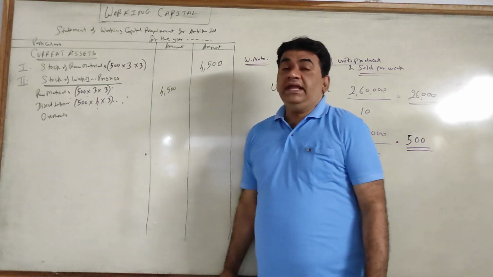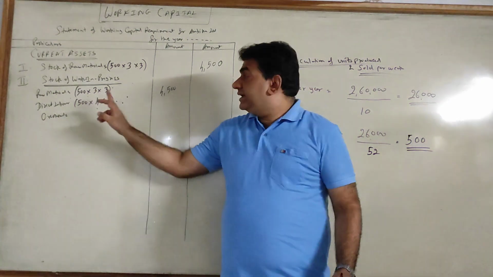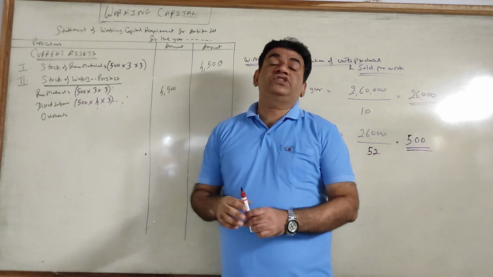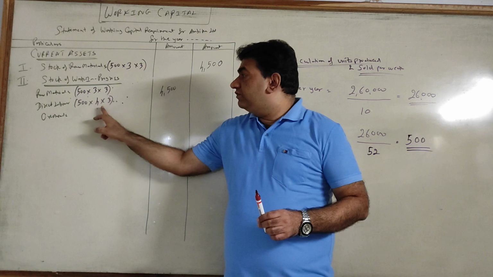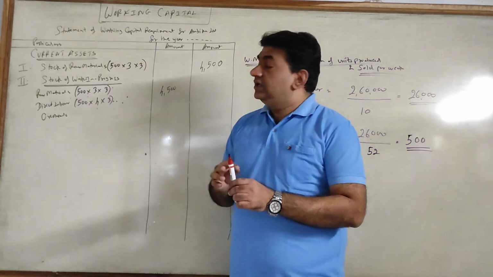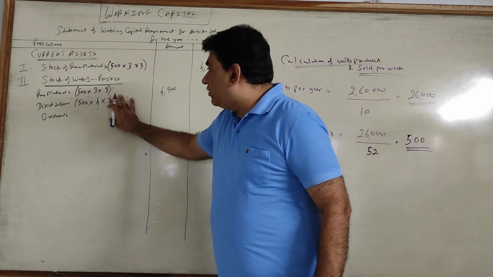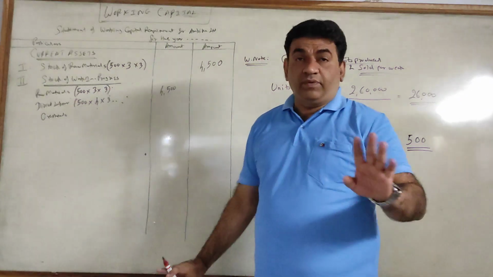So multiply by 3. So 500 units into 4 rupees labor into the processing period, that is 3. So 500 into 4, 2000, 2000 into 3, 6000. Now here remember one very important point.